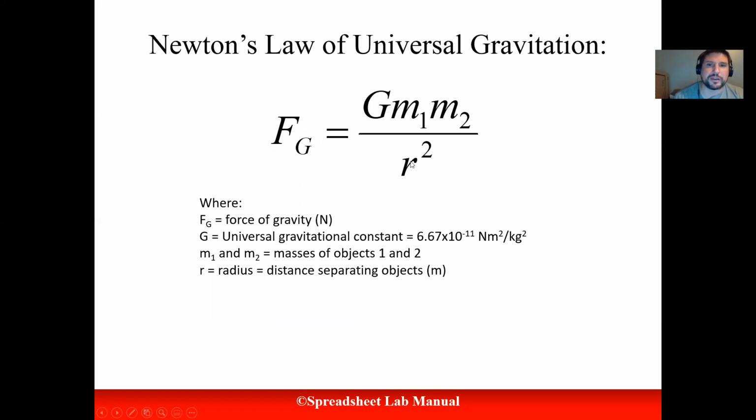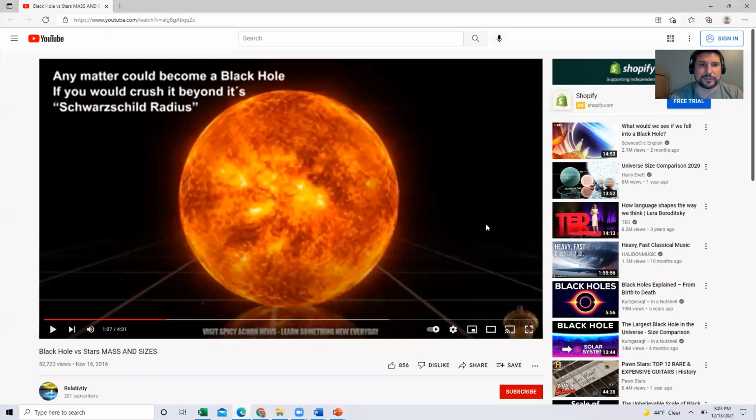So what that's saying is that any object can get squashed to a small enough radius that its mass will be sufficiently large. If it overcomes this tiny value of the universal gravitational constant, it can turn something into a black hole. It can raise the acceleration due to gravity above where the escape velocity is going to be the speed of light. So now that's called the Schwarzschild radius.